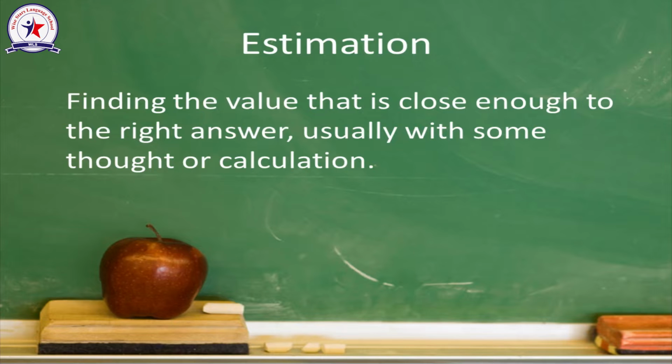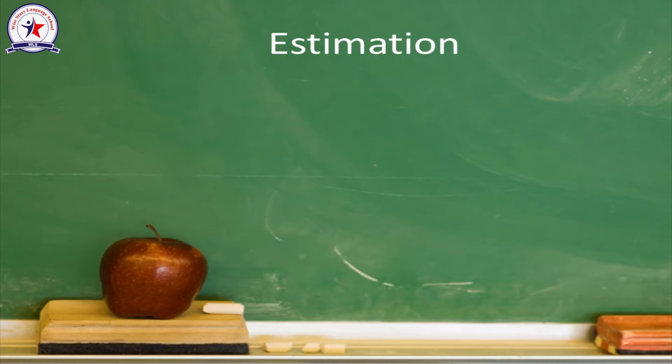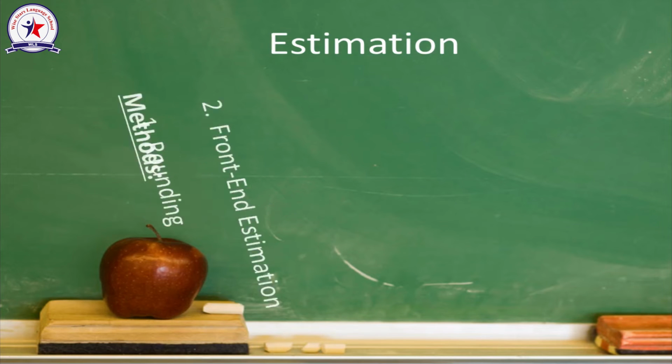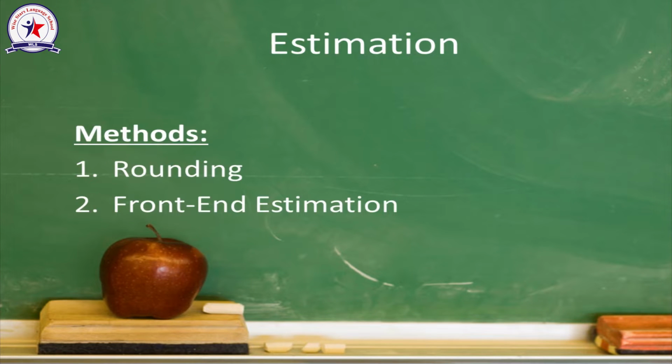Estimating means finding the value that is close enough to the right answer, usually with some thought or calculation. We have two methods. Number 1, rounding, and number 2, front-end estimation.